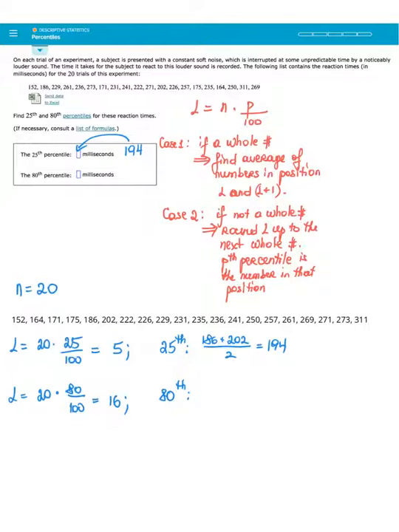The two numbers in the 16th and 17th positions are 261 and 269. I compute the average of these two numbers, which comes out to be 265. Therefore, the 80th percentile is 265 for this data set.